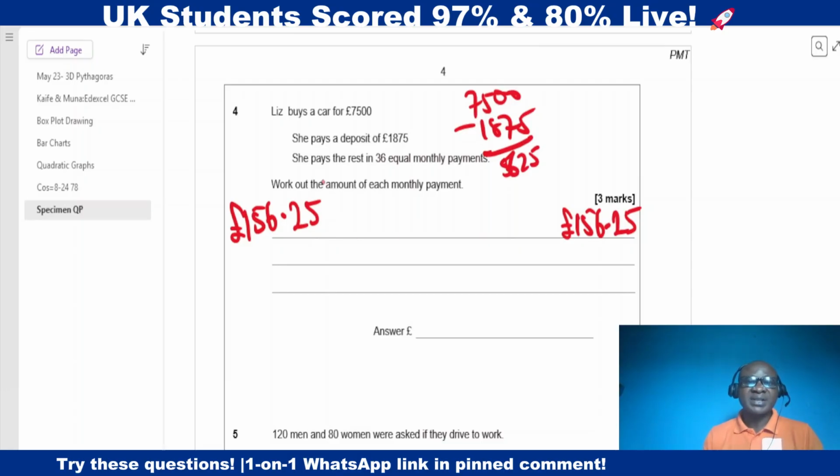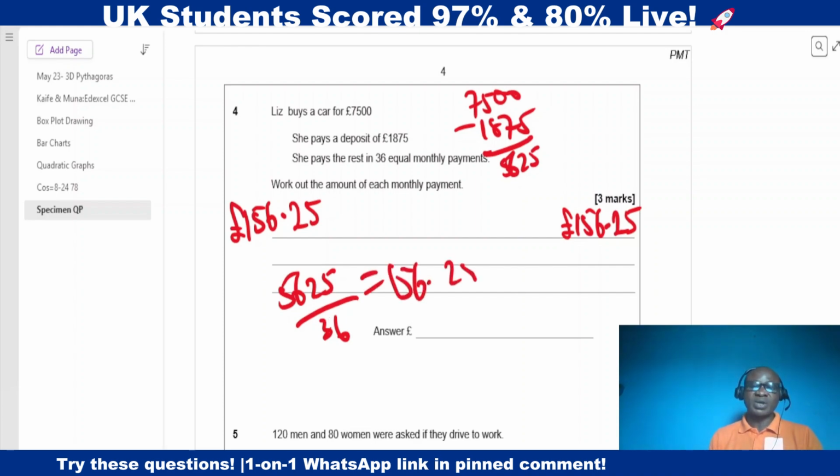All right. And they say she pays in 36 equal monthly payments. That is 5625 divided by 36. So it is a calculator question. If we use a calculator, it is not wrong. And that is going to give us 156 pounds 25.